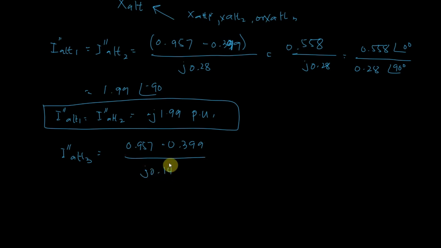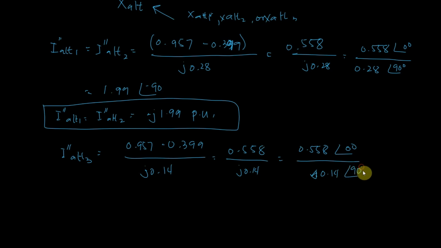Okay, so equal to 0.558 ulit divided by j 0.14, which is equal to 0.558 cis of 0 divided by 0.14 cis of 90 degrees.